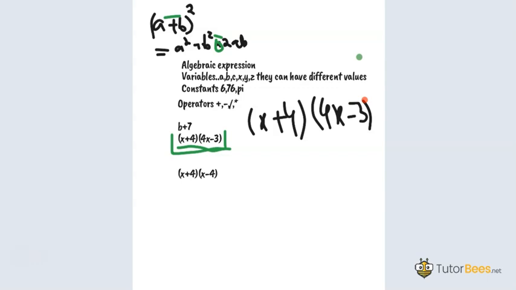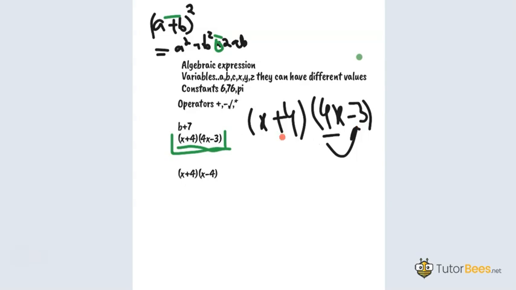So how we have to simplify these, how we have to get the final result of the multiplication of these two? What we actually do is multiply this whole expression by the first term of this expression, and then this whole expression by the second term of this expression.